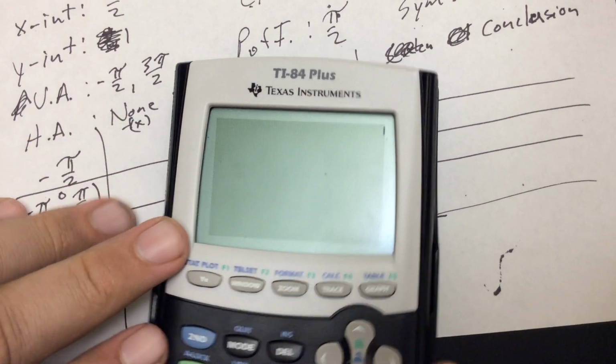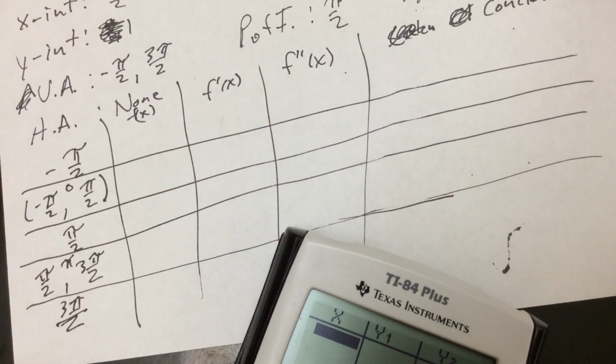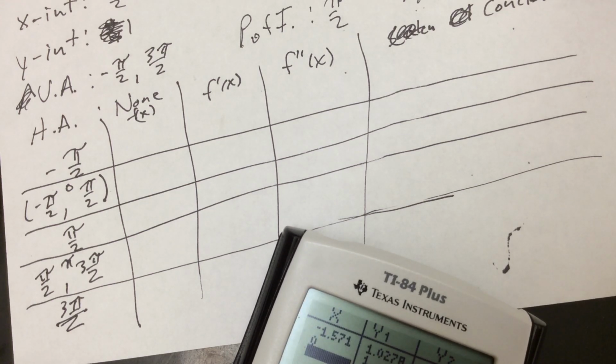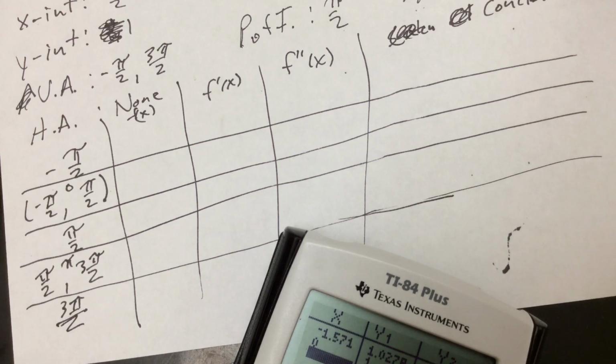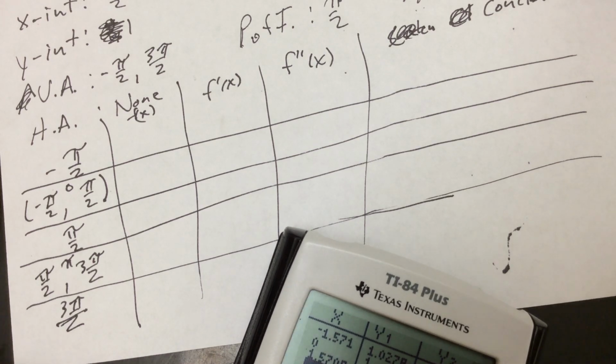So, second table. Delete all these out. I'm going to put in negative pi divided by 2, 0, pi divided by 2, pi, and then 3 pi divided by 2.